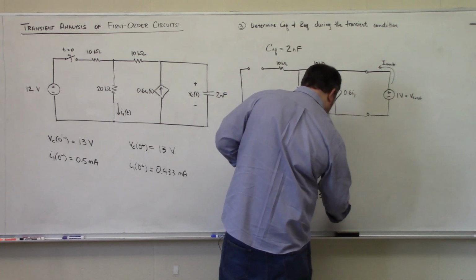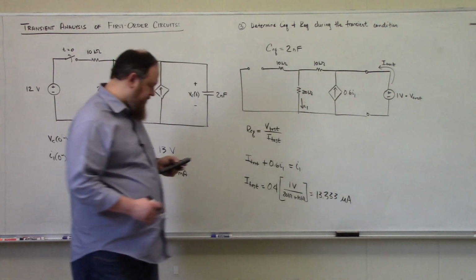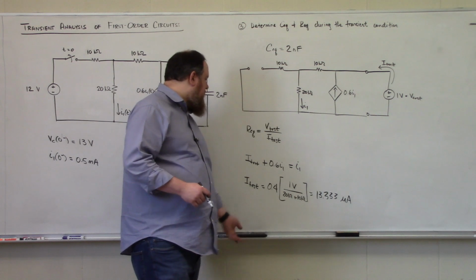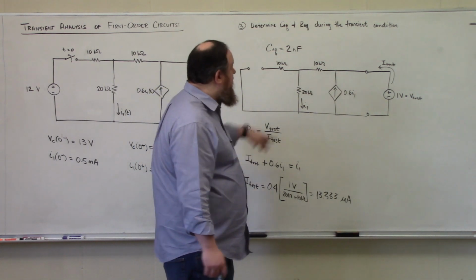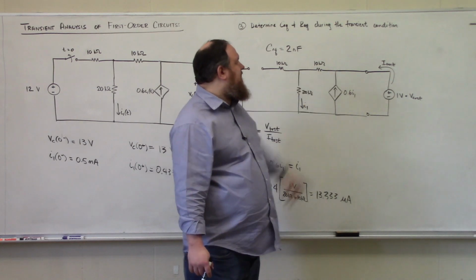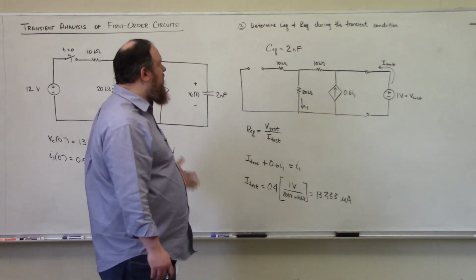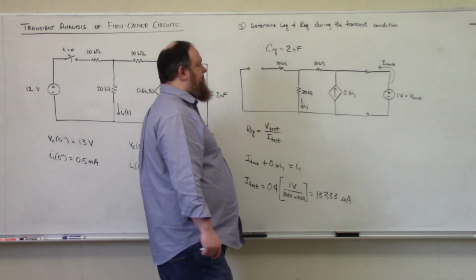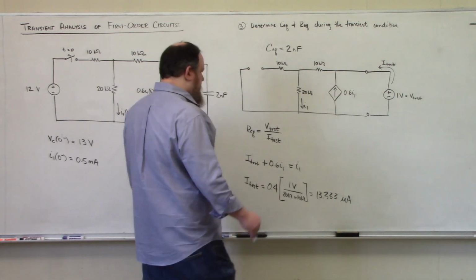13.333 microamperes. Okay, let me make sure. Yes, 13.333 microamperes. So again, to be clear here, I simply performed Kirchhoff's current law at this node, and then I used the results of the previous part we worked, where I was able to determine that current I1 pretty easily just by using Ohm's law to get this result.